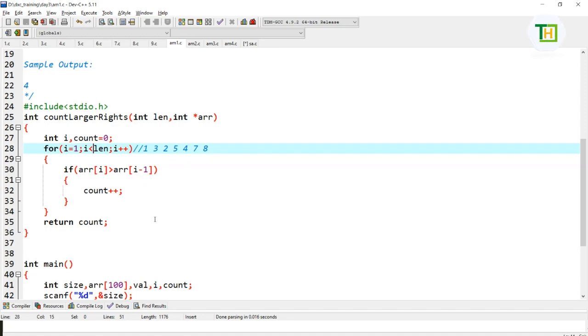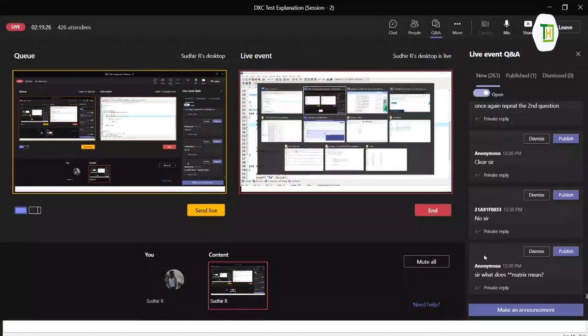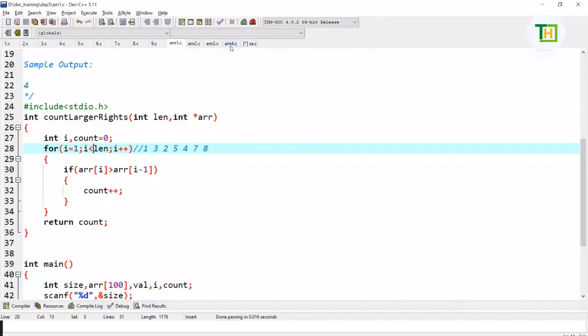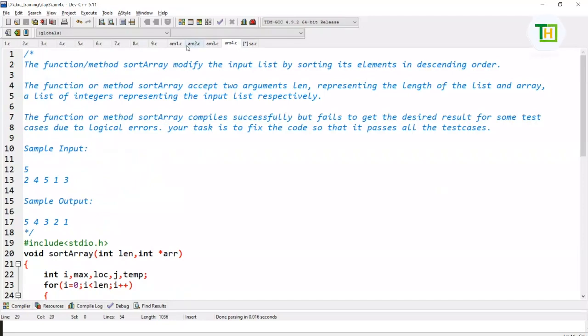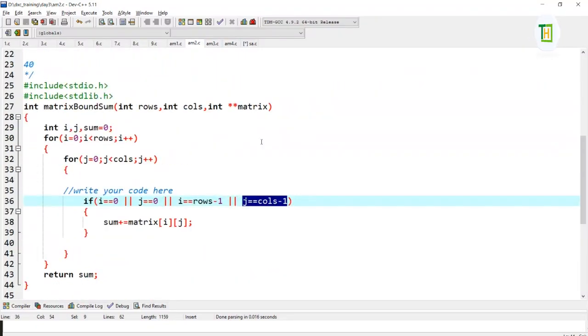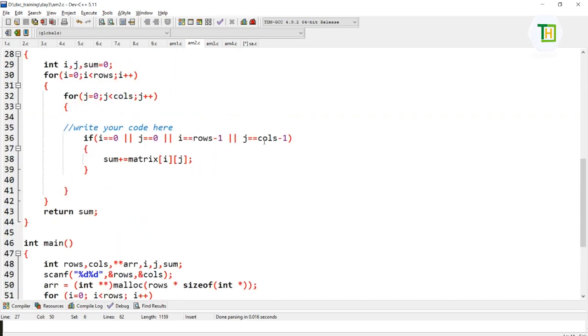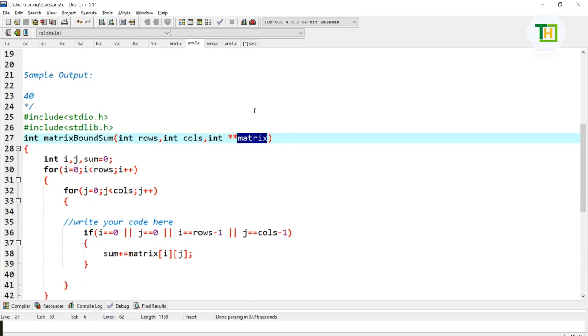This star matrix, where is it? Here, right? Star matrix, and how the matrix is working, how the memory is allocated, I'm going to explain at 8:30 in the next session.